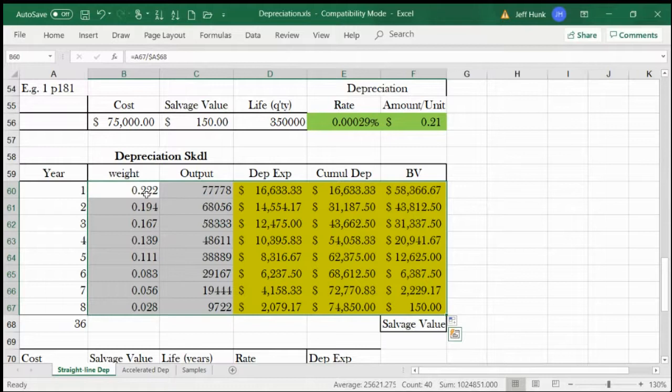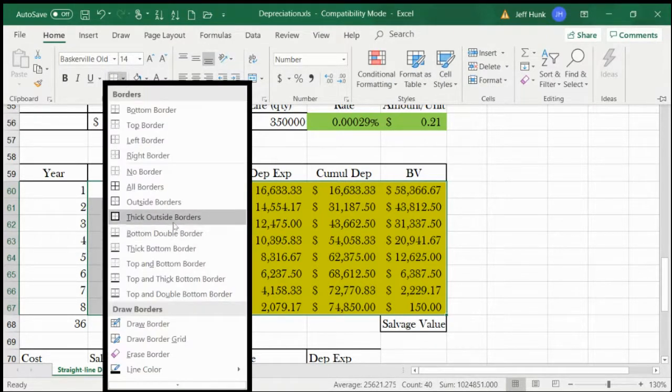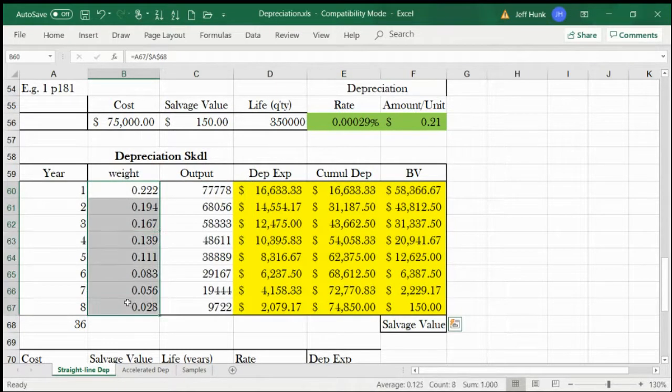Now this technique has a nice name. This technique of distributing the weight, or allocating the weight, in a nicely declining pattern.